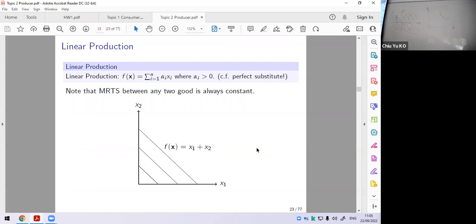You look at the production from, say, a big firm, production from subsidiary 1 and subsidiary 2, they just do this directly. Or in contract theory, they look at production of worker 1 and worker 2, they just add them together. So although it looks very simple, people actually use it. And when other parts of your model are very complicated, you would want to simplify other parts, so sometimes you do that.